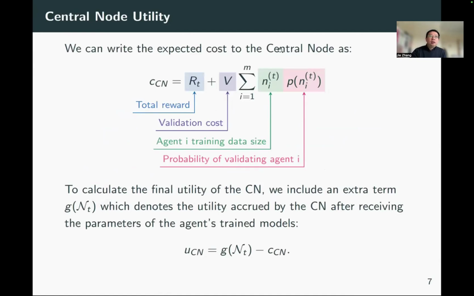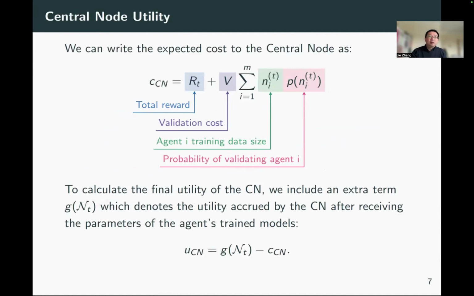So now let's write the cost function. Our cost function is written as the total reward that the central node has to pay out, plus the cost spent validating. This validating cost is based on our constant V, which represents the cost per unit data to validate an agent.